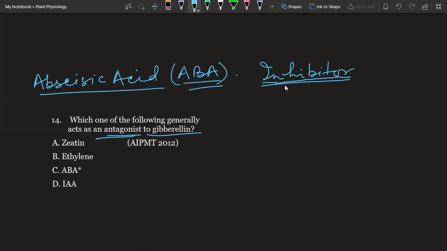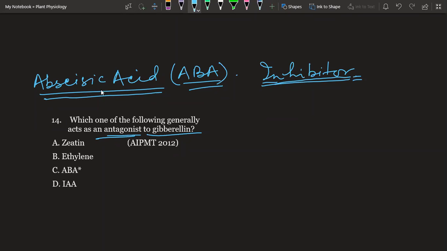Particularly, we have seen that auxin, cytokinin, gibberellin, their function is mainly promotion, but abscisic acid inhibits all the processes. That is, growth will be inhibited, flower formation, shoot formation, root formation, seed germination, all these things are inhibited mostly.